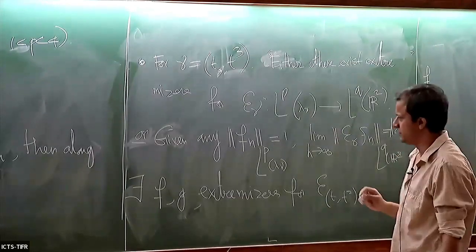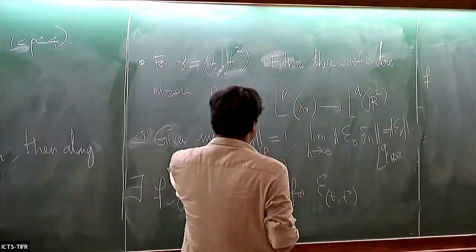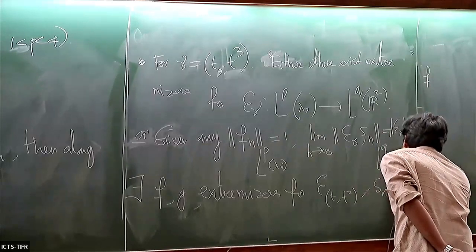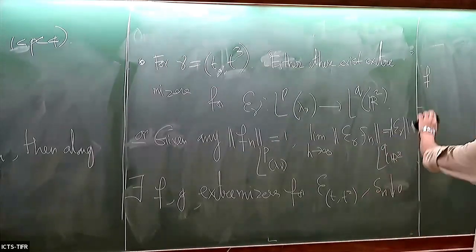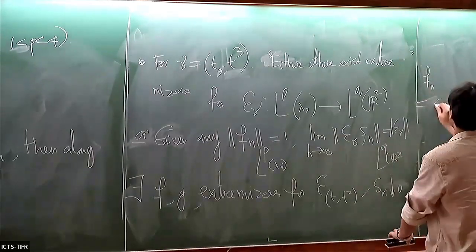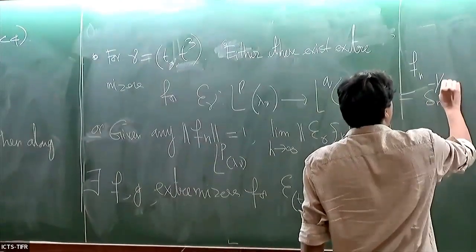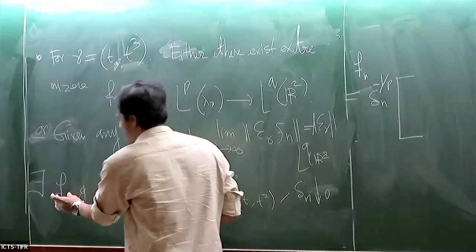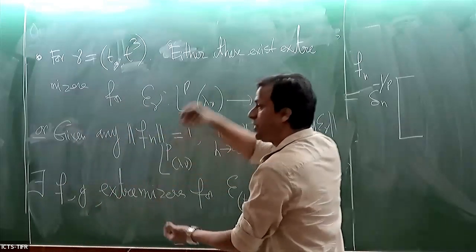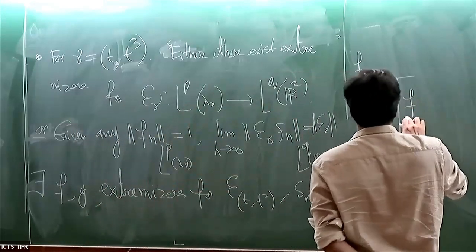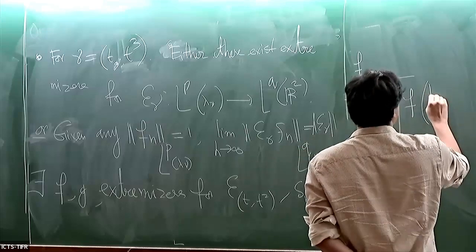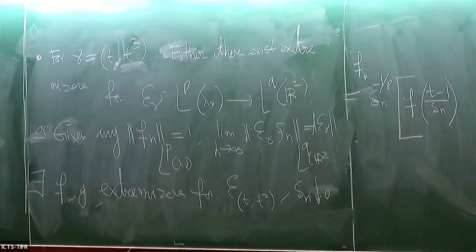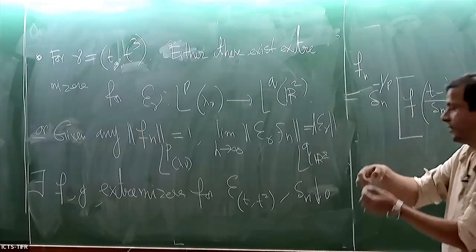Given any Fn, there exists a sequence delta n, a positive sequence decreasing to 0, such that Fn looks like delta n to the power -1 over p times f, this fixed function, blown up at t equals 1. So f is fixed, remember, at (t-1)/delta n. So this accounts for half of the L^p mass of the sequence Fn.